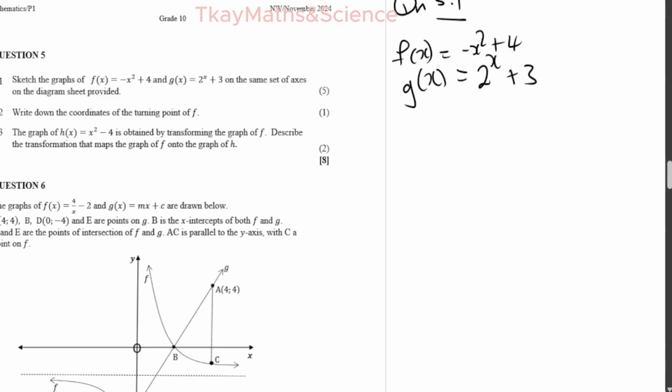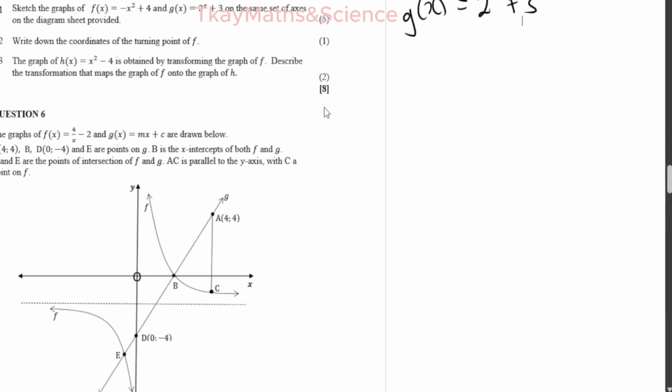They're saying we must sketch these two graphs on the same set of axes on the diagram sheet provided. We're not going to do it on the sheet they provided; we're going to do it here on our own space.